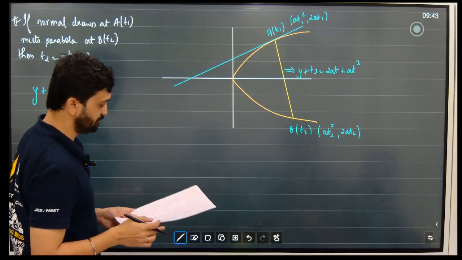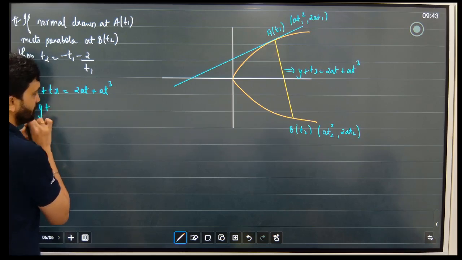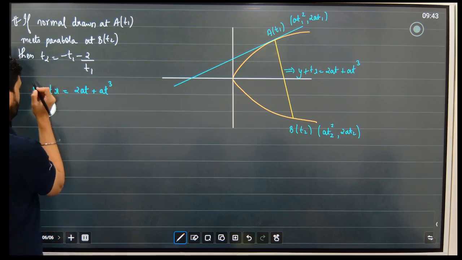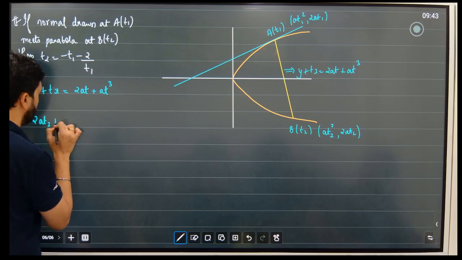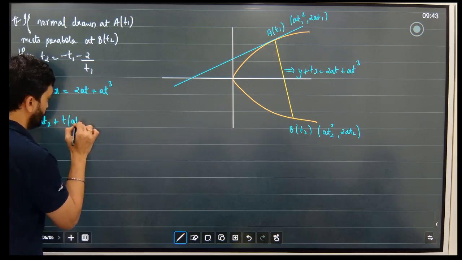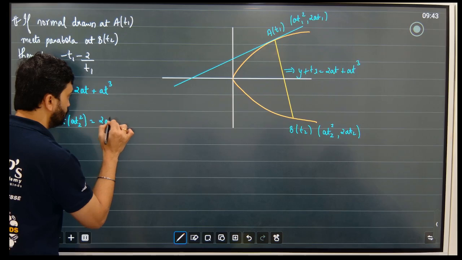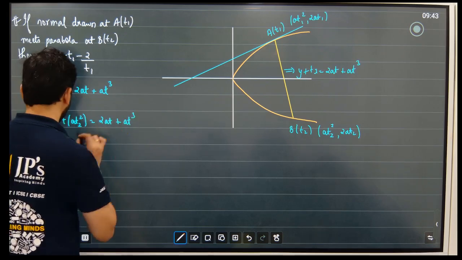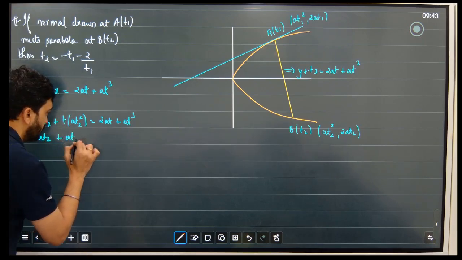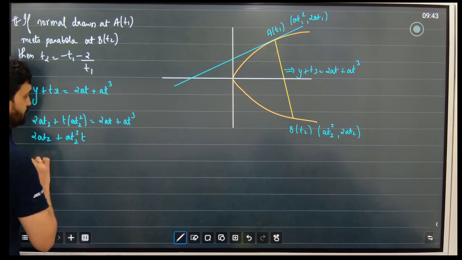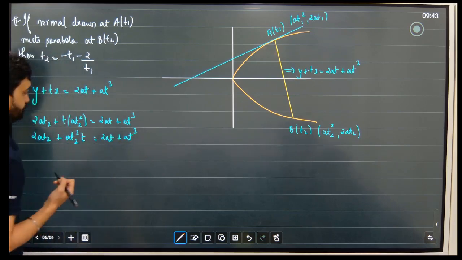Since it is passing through the point, x and y coordinates I have, so y will become 2at2 plus t into at2 square is equal to 2at plus at cube. So 2at2 plus at2 square t is equal to 2at plus at cube.